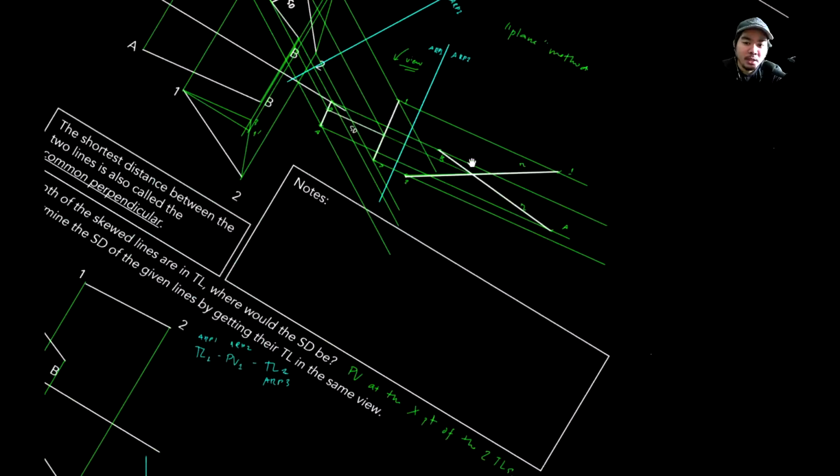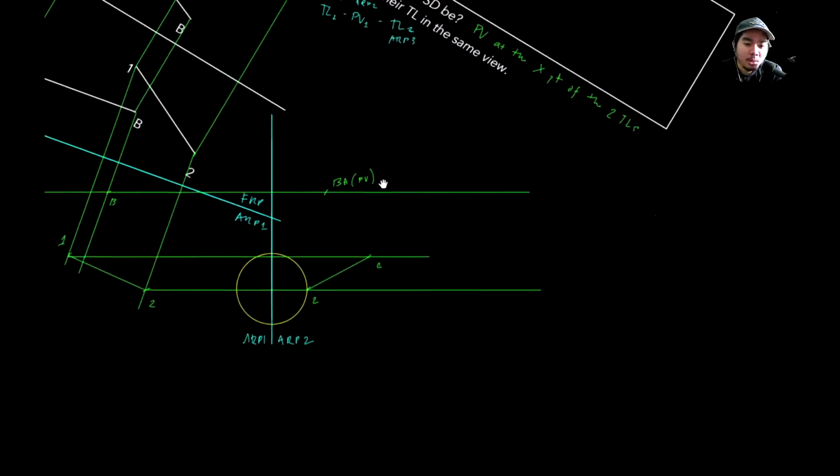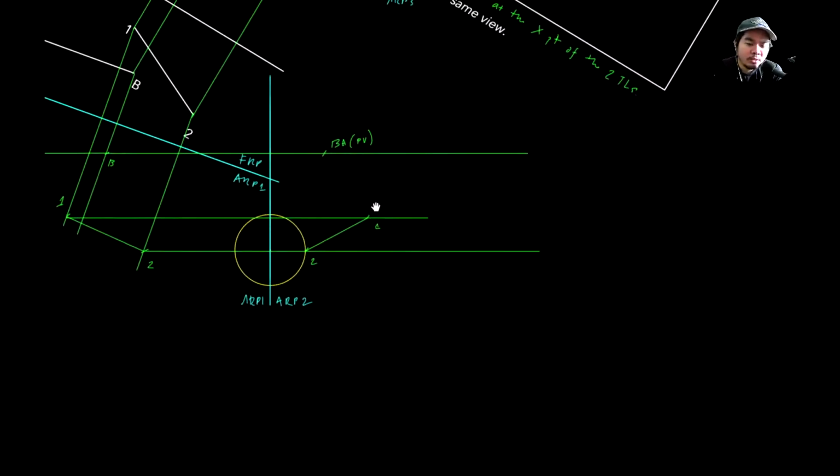Tama? And then we have a situation that looks like this. So pwede na tayo mag-project ulit ng shortest distance, no? Pero let's take note of one thing here, no? 'Di ba, si shortest distance is what we call as a common perpendicular. Tama? So it's perpendicular to this point view, tapos perpendicular din siya dito sa line 1, 2 na to.